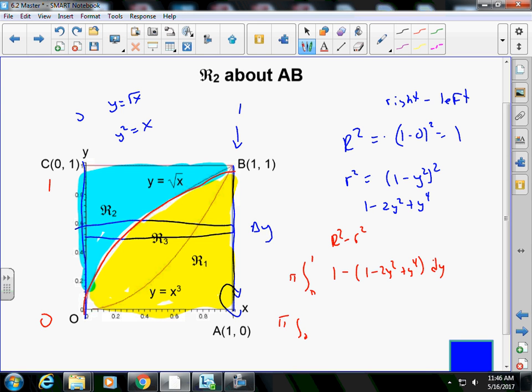I drop my parentheses. 0 to 1. And I end up with 2y squared minus y to the 4th dy.